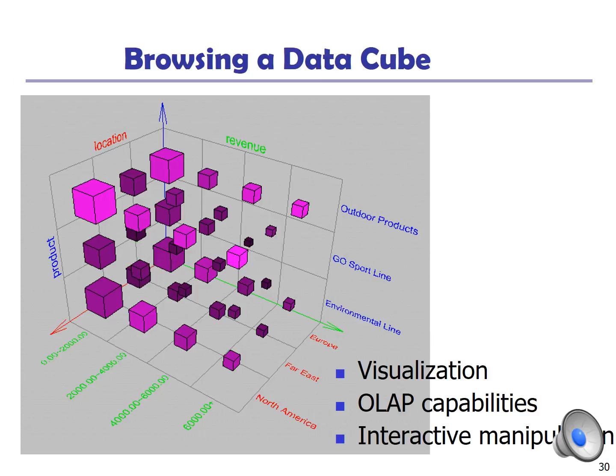This slide just shows you how you can browse a data cube using the different online analytical processing operations that we talked about: roll up, drill down, slicing, dicing, pivoting.